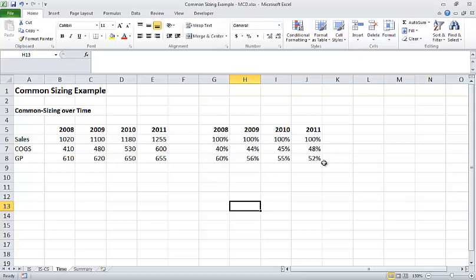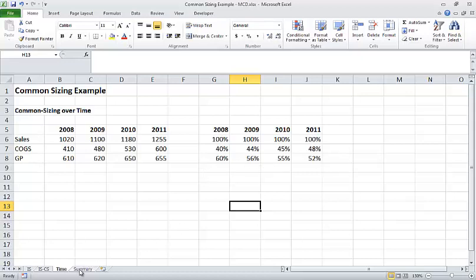So again, you can see where the simple technique of common sizing, just dividing each item by sales, gives us a lot more insight into what's going on in the company. Okay, we can see, yeah, cost of goods sold is going up as a percentage over time. Why is that? I don't know, but we need to look into it, maybe find a better supplier, one that's cheaper, or something like that, because it's causing our gross profit to fall.